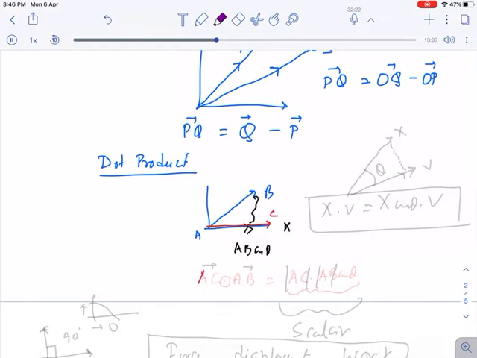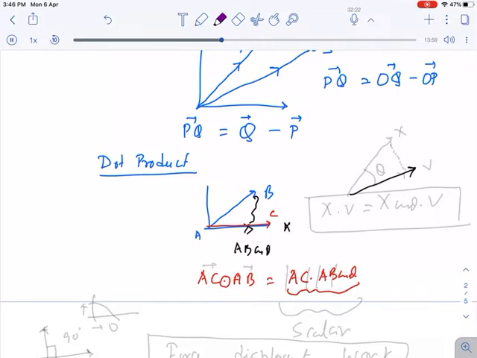AC into AB or AB into AC, that is the dot product of AB and AC, will be AC into AB cos theta. So this will give the dot product of AB and AC. So we have to draw a projection on the line.